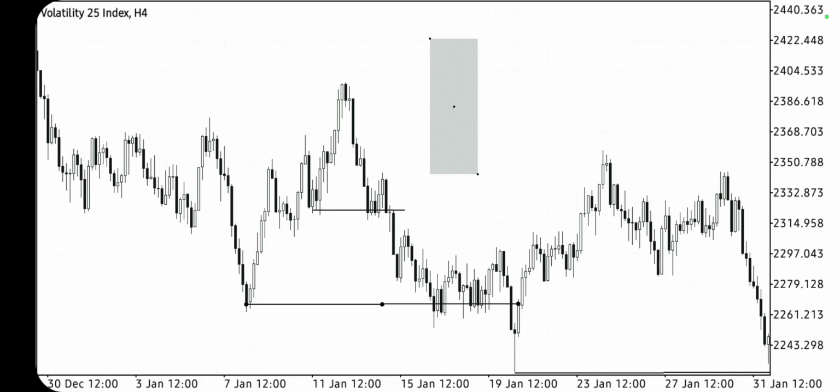SC candle is simply the last up candle before a down move, before a break of structure to the downside. And it is the last down candle before a break of structure to the upside.